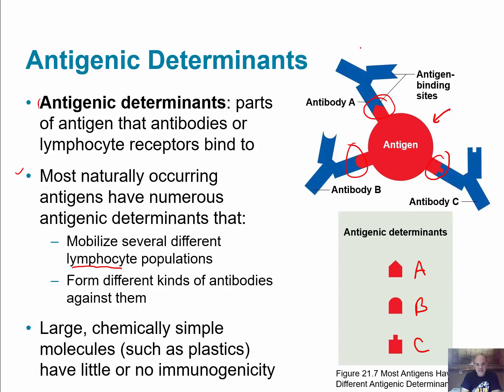So there would be a specific antibody for determinant A, a specific antibody for antigenic determinant B, and so on. Also, as a related note, large chemically simple molecules like plastics would have little or no immunogenicity or influence on your immune system.